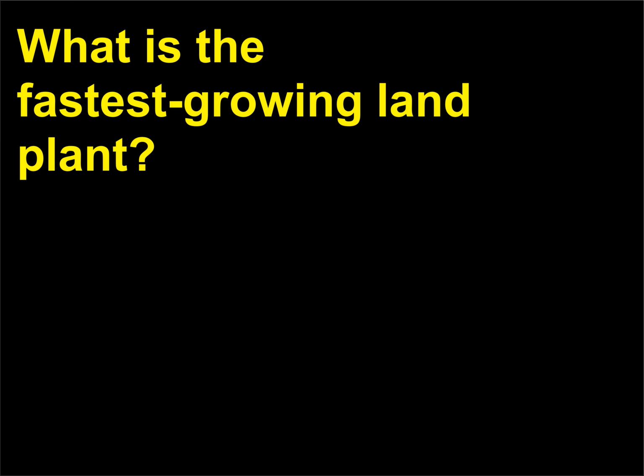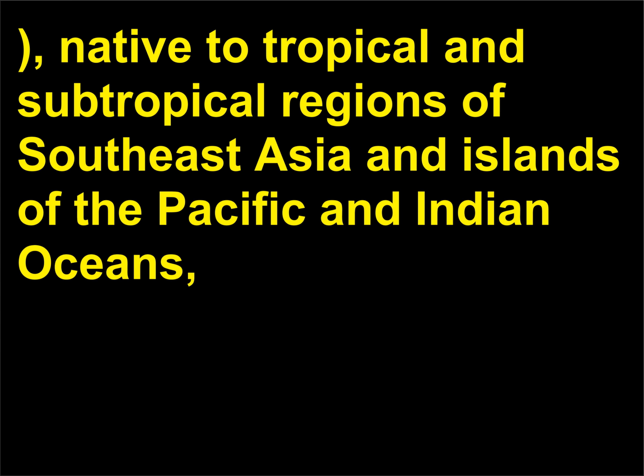What is the fastest growing land plant? Bamboo, Bambusa spp. Native to tropical and subtropical regions of Southeast Asia and islands of the Pacific and Indian Oceans.